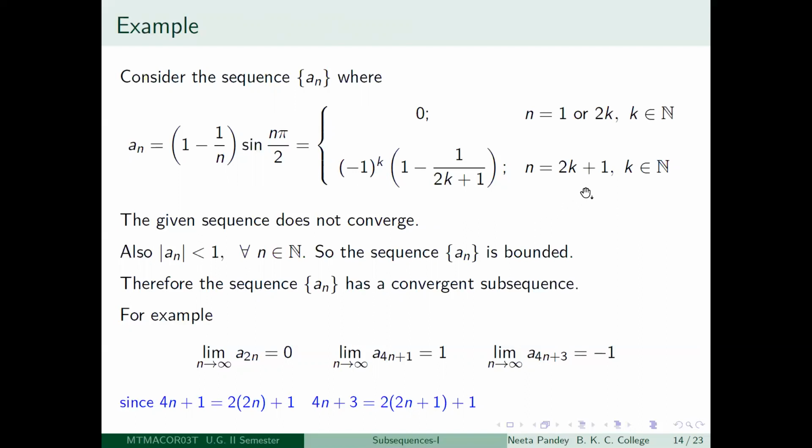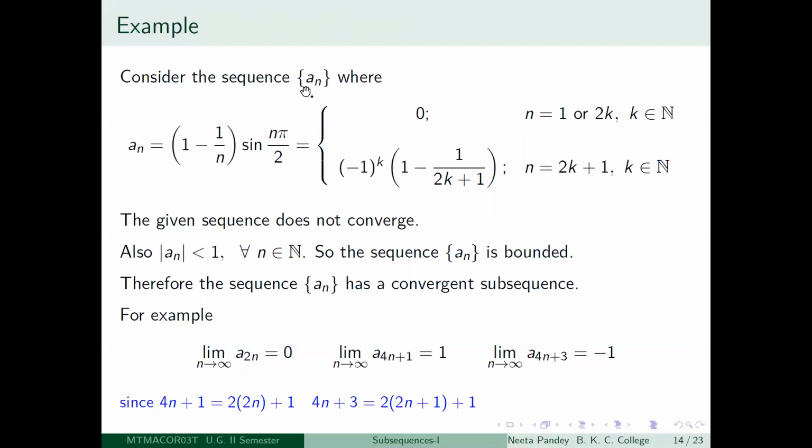So depending on k, these terms are either near 1 or near minus 1, and every even term and the first term of the sequence is equal to 0. So there is obviously no chance of this sequence converging, but at least it is bounded.